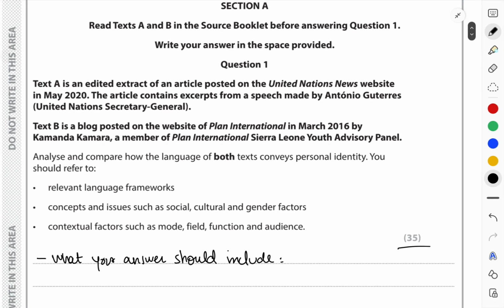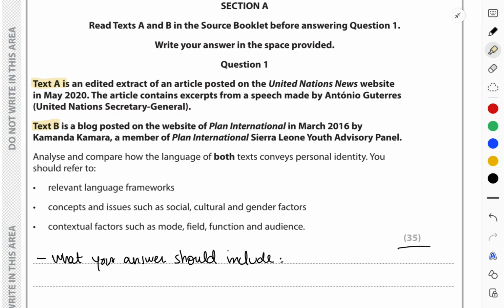Now for Section A, you're given two texts, Text A and Text B, which are in the source booklet at the end of this paper. These two texts are usually, or almost always, linked with each other in terms of context, in terms of the topics being discussed, right?